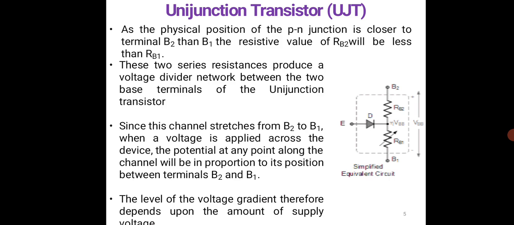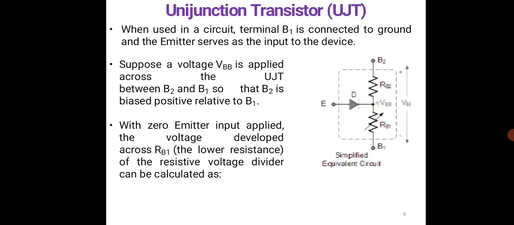The potential at any point along the channel will be in proportion to its position between terminals B2 and B1, so the level of the voltage gradient depends upon the amount of the supply voltage. When used in a circuit, terminal B1 is connected to ground and the emitter serves as an input to the device, as you could see from the equivalent circuit.